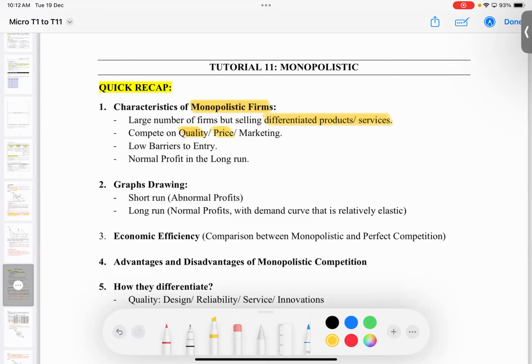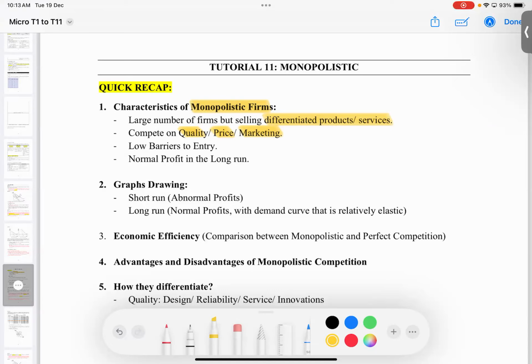They cannot charge very high like a monopoly, because when you talk about monopoly, which you learned last week, they are the only seller in the industry. But here, monopolistic competition is different. There are a lot of producers, so they have to take this into account and cannot price their products too high. They can also compete in terms of marketing, like doing advertisements and brand loyalty programs. That's how they try to differentiate themselves from the rivals.